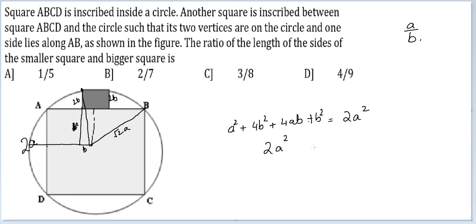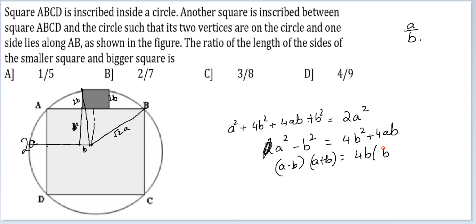Okay. 2a square here. I just have a square minus b square is equal to 4b square plus 4ab. Okay. I can get this as a minus b into a plus b is equal to, if I take 4b common, I get b plus a.